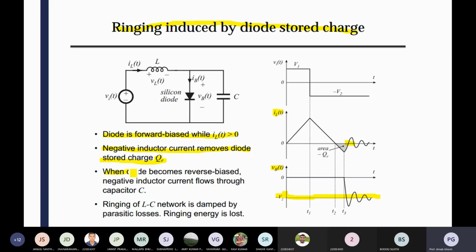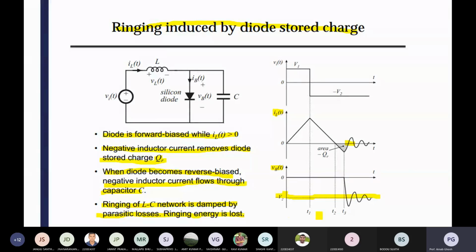When the diode becomes reverse biased, the negative inductor current flows through the capacitor. The ringing of the LC network is damped by the positive parasitic losses. Ringing energy is lost, so some time is required to settle that signal to a constant value. That is called the ringing energy loss.